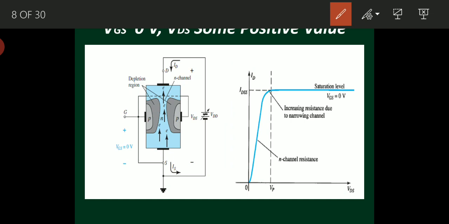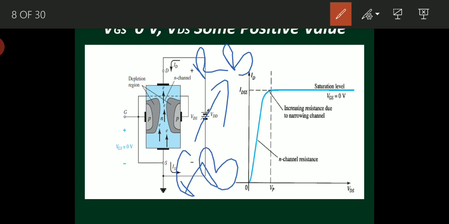Just now I said, if I increase this voltage, reverse bias here increases and forward bias here increases. So the depletion region at the source terminal will become less, and the depletion region at the drain terminal becomes very, very high.